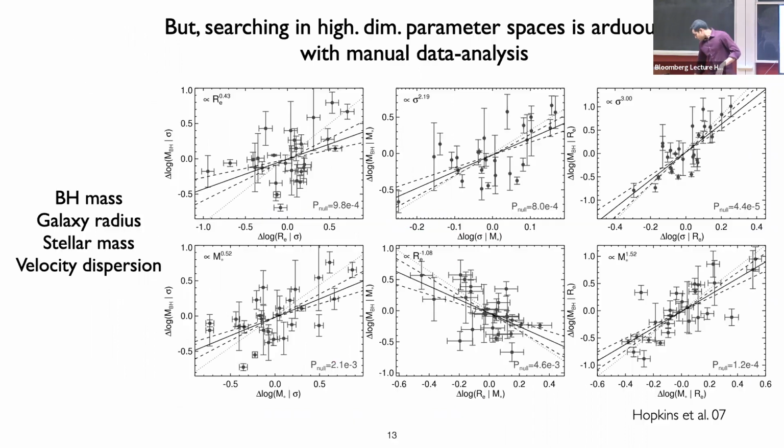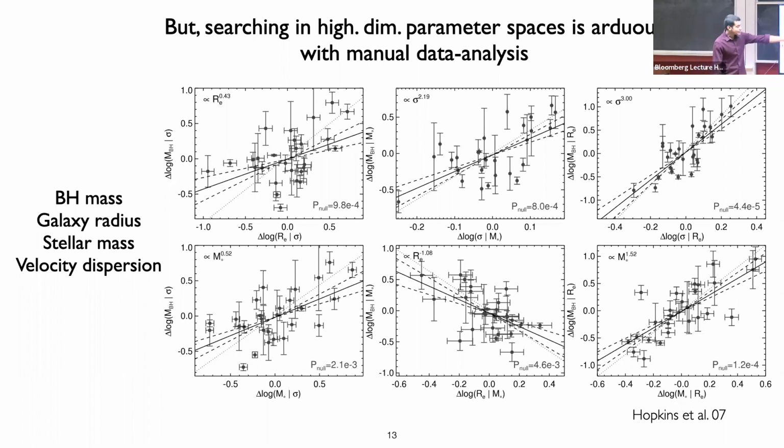And again, just to emphasize this, this is one example of a study which tried to look for tight relations in a 4-dimensional parameter space. This is again for black holes. I had shown that the black hole mass and the velocity dispersion are tightly correlated, but what if there are other factors which also play a role?